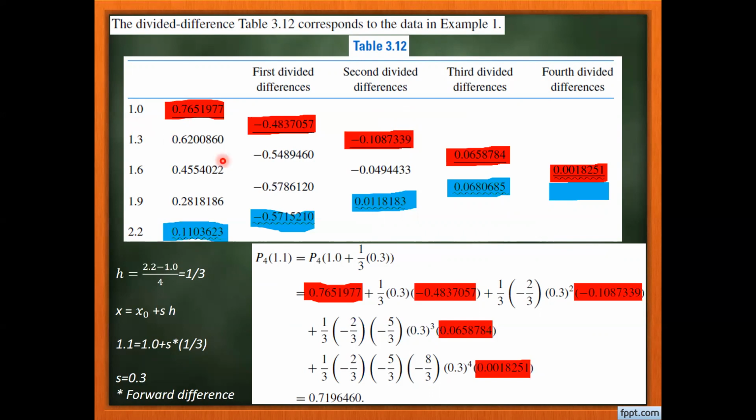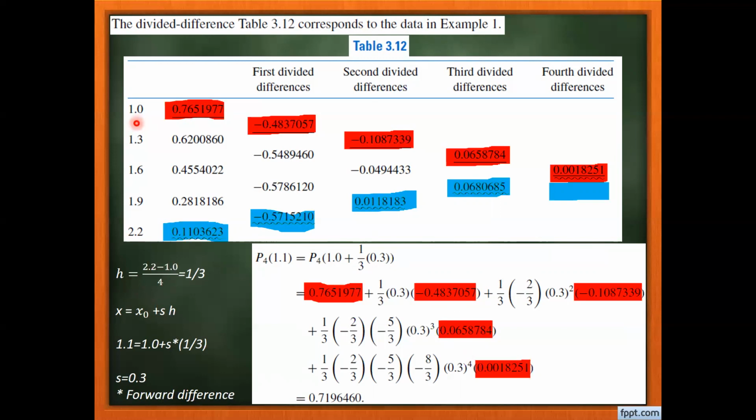So, we know that our data is equally spaced. We have the divided difference values. We need to calculate the value of h and the value of s to get this polynomial. So h is equal to 2.2 minus 1.0 divided by the number of intervals.